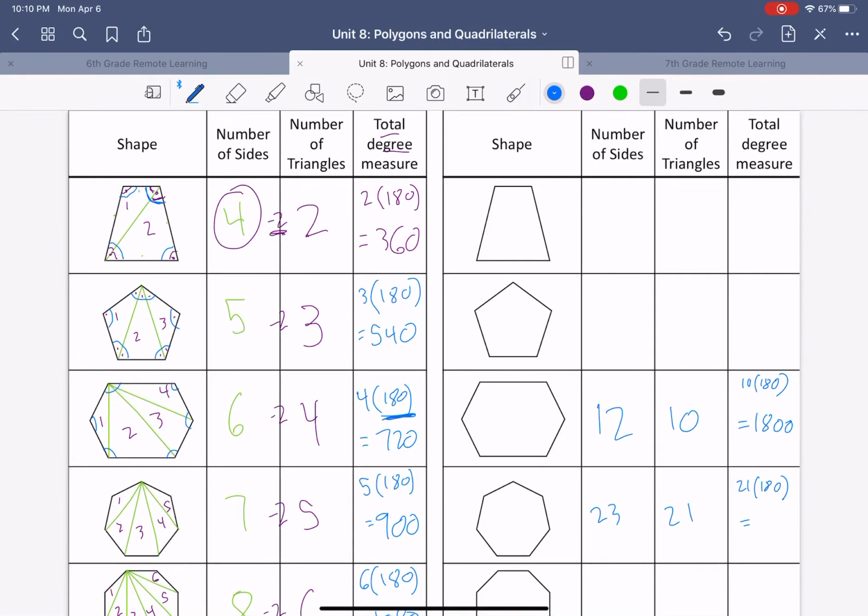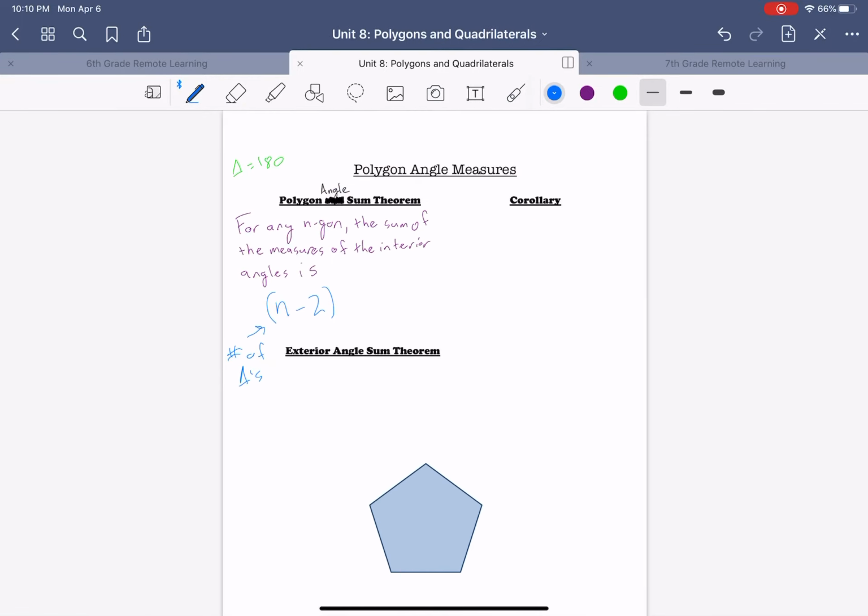We multiplied by 180. So we take n minus 2 and multiply by 180. And this formula right here tells us the sum of the interior angles for any polygon.